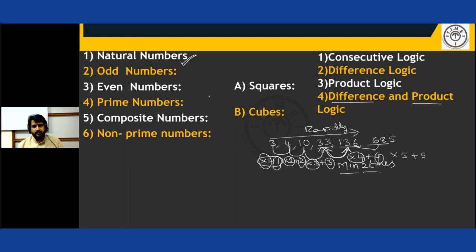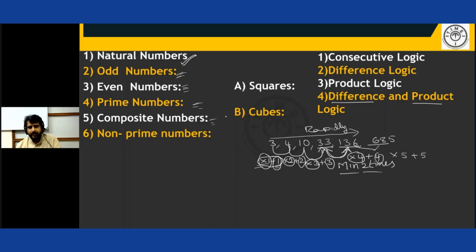So here the numbers which we are multiplying are natural numbers. It could be odd numbers, even numbers, prime numbers, composite numbers, any combination. The numbers which we are adding are natural numbers, and it could be odd, even, prime, composite, anything is possible. The ultimate thing is you need to understand that the given pattern is of difference and product applied together. Simple.